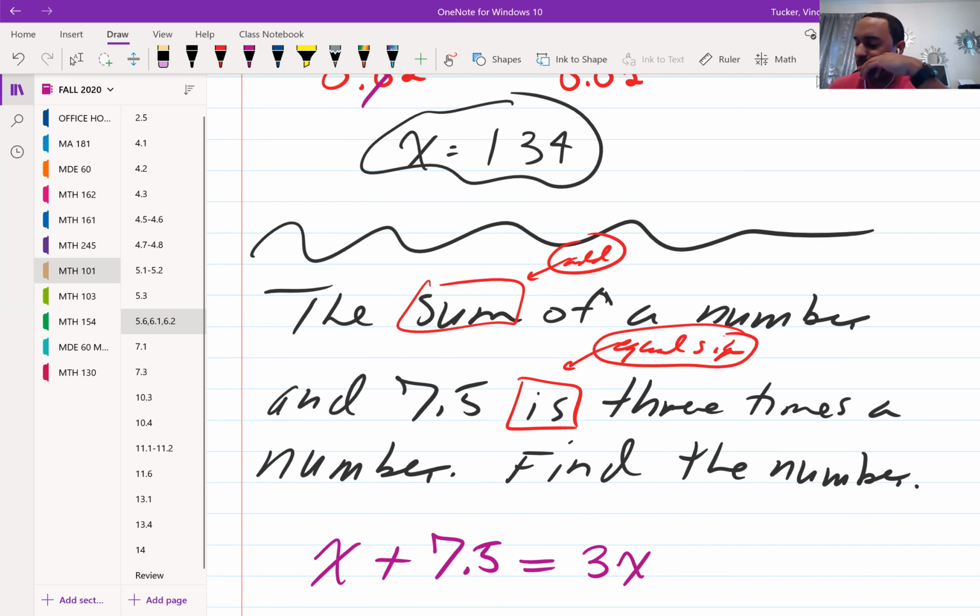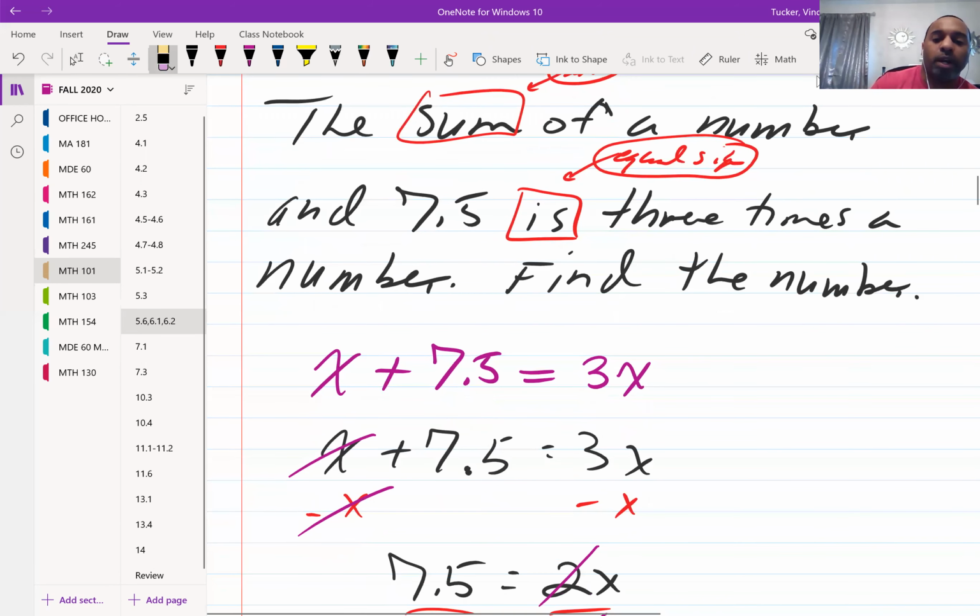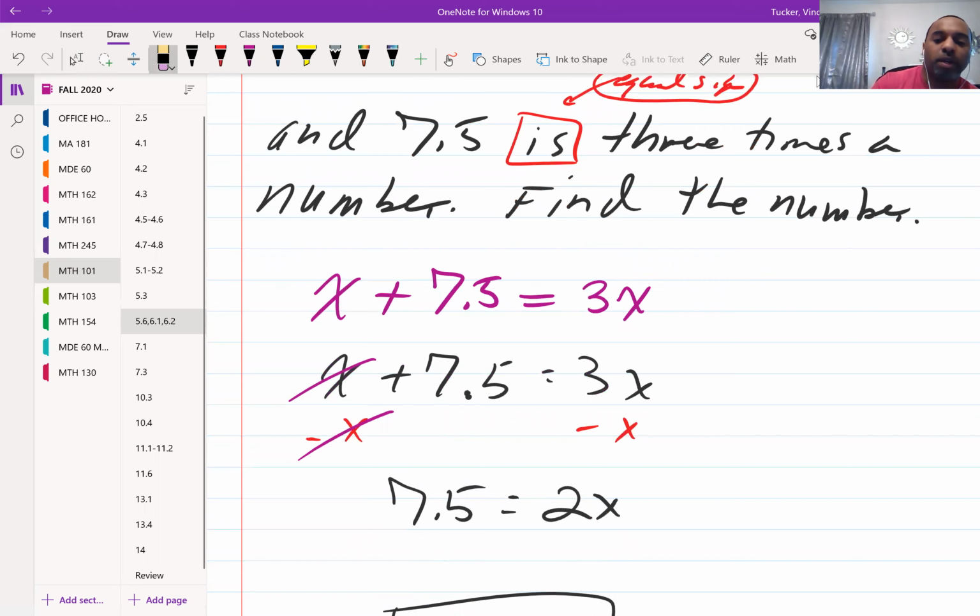All right. Questions on the setup? All right. So from there, we'll go ahead and solve. I would subtract x from both sides because we need to get x on one side of the equation. So we subtract x from both sides so that it cancels out on the left, and then on the right we will have 2x.